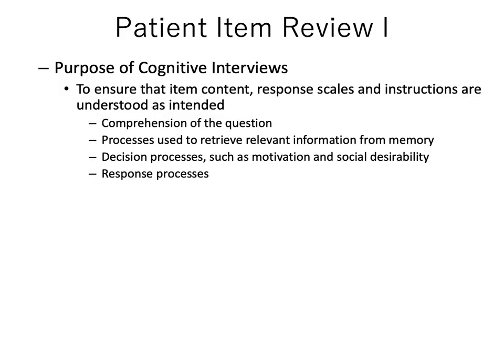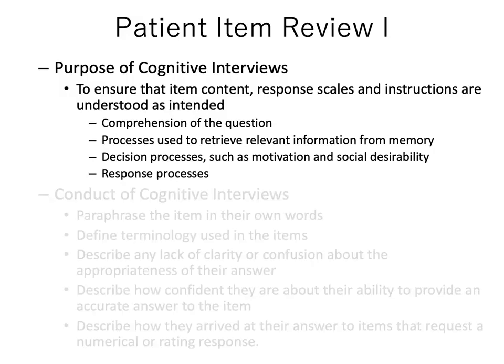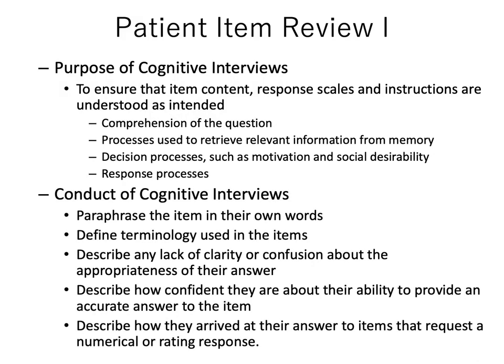So in our cognitive interview protocols, we typically ask patients to paraphrase the item in their own words. We might ask them to define terminology that is used and to describe any lack of clarity or any confusion about the appropriateness of the item or their answer.